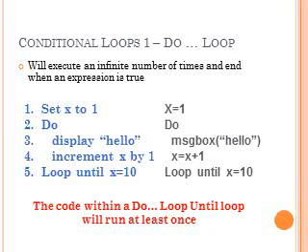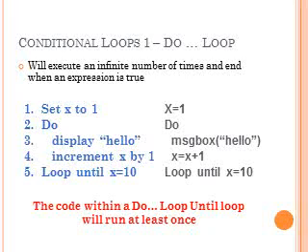So step 5 is the first time where the expression is actually compared. So this means that the code within a do loop until loop will run at least once, because it will have to go through step 1, 2, 3 and 4 before it does its comparison to decide whether it will return to step 2 or whether it will drop out of the program altogether.